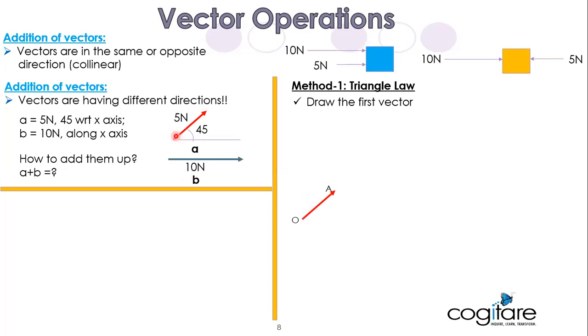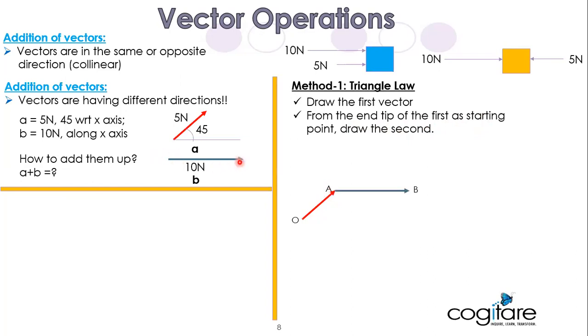Our first vector is 5 Newtons, making an angle of 45. From the end tip of the first vector as the starting point, draw the second vector. So the first vector's end tip is here. From this point, we are supposed to draw the second vector. We have it here. So AB is the second vector which is drawn.